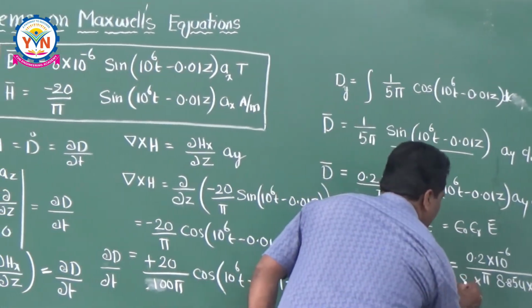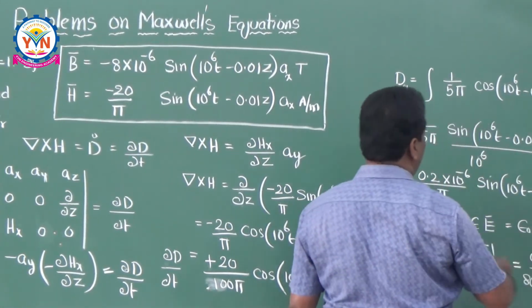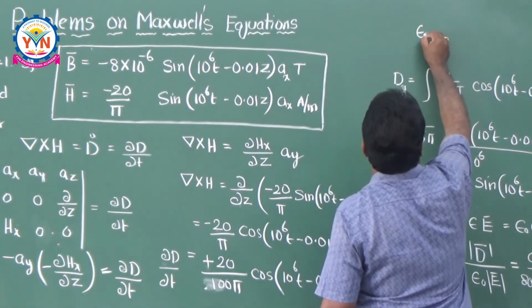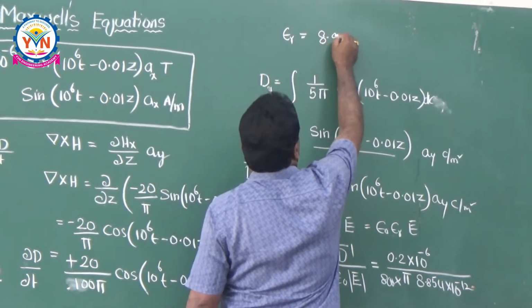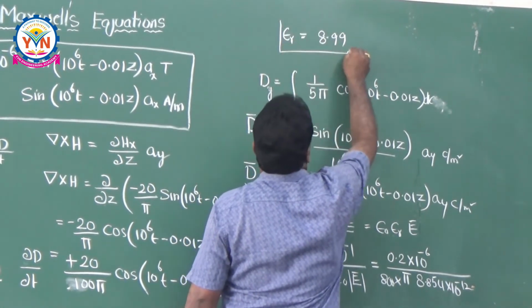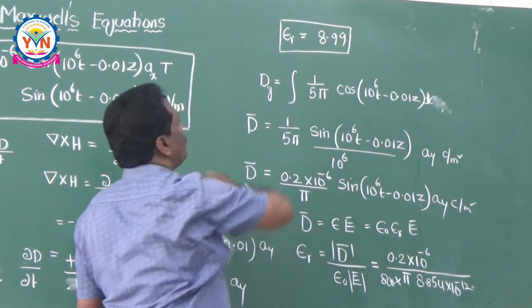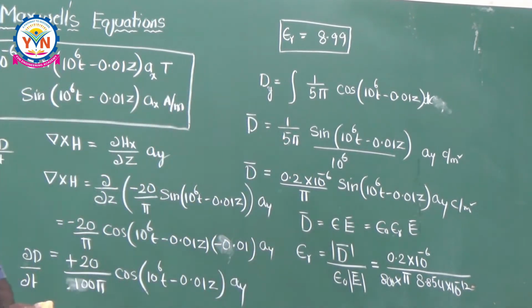So if you simplify this, your epsilon r value will be equal to 8.99. This is the way of doing this problem for epsilon r.